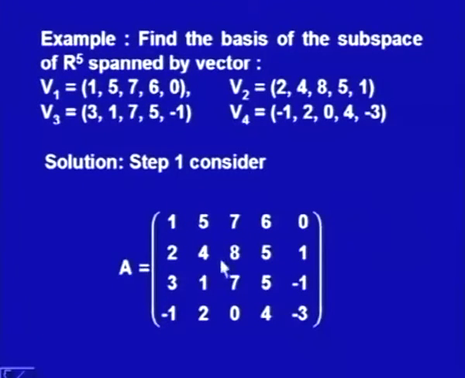That means, from these given vectors, I will form the matrix A, where these vectors are its rows. Once we have obtained this matrix A, we apply elementary linear transformations so that it is reduced to reduced row echelon form.